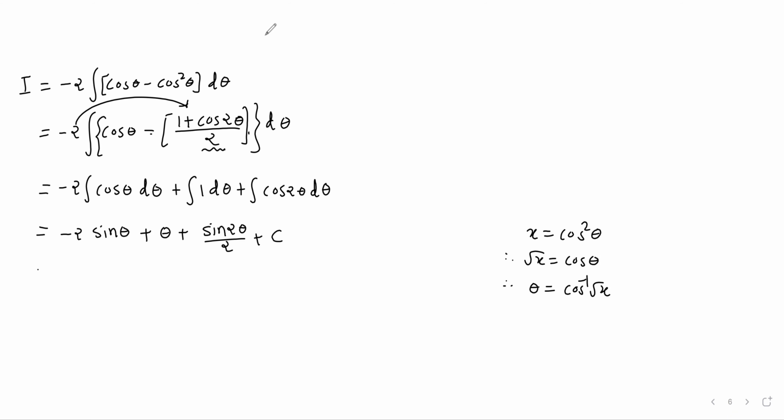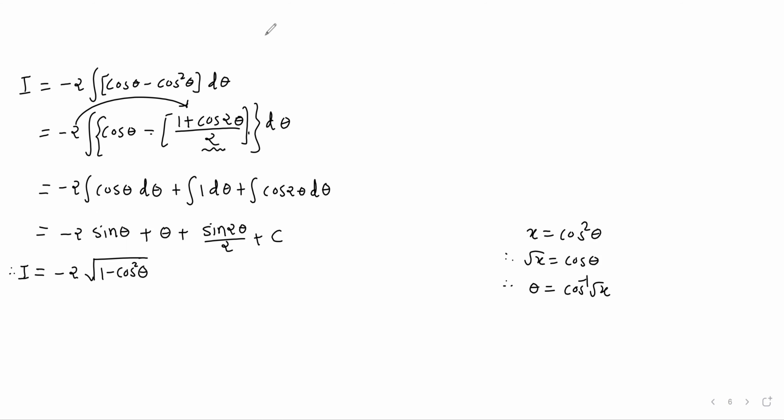So therefore I is equal to minus 2. Again, under root 1 minus cos squared theta. You don't have to write pi by 2 minus sign. It is the formula for inverse form.